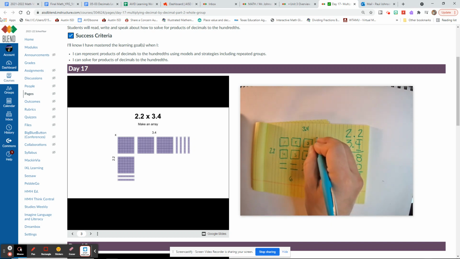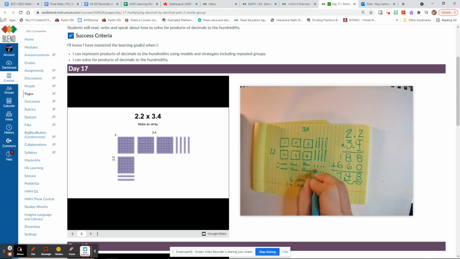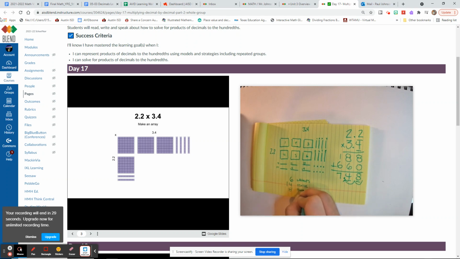We have 1, 2, 3, 4, 5, 6, 7, 8, 9, 10, 11, 12, 13, 14. We have 14/10. And we have 1, 2, 3, 4, 5, 6, 7, 8 hundredths.